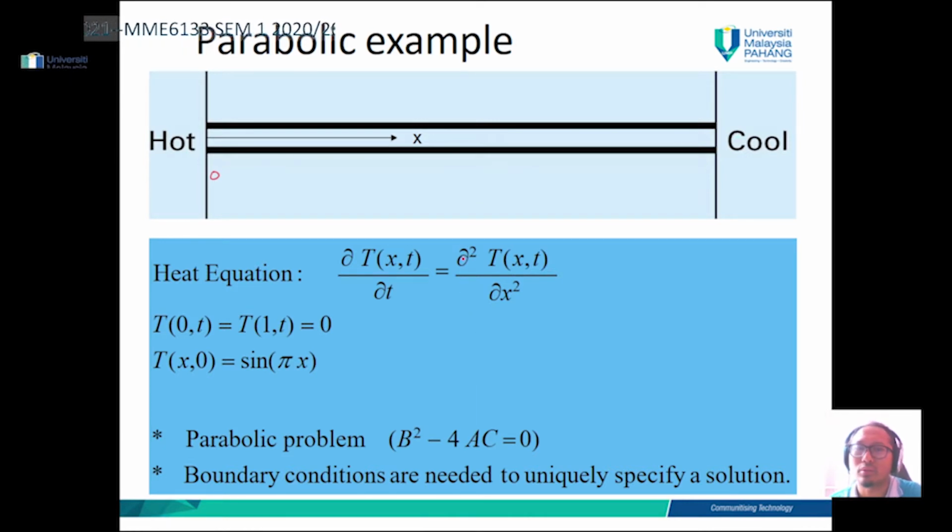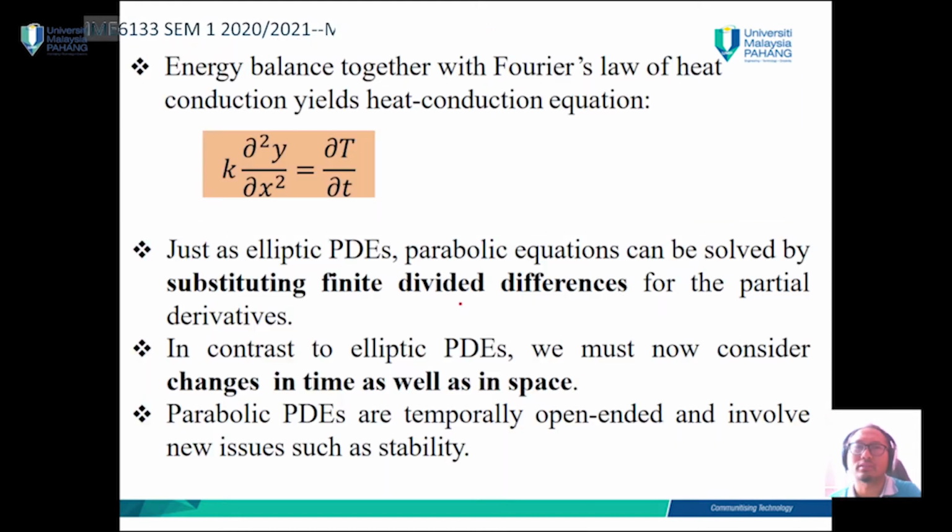So we are going to determine the boundary conditions. From the energy balance together with Fourier's law of heat conduction, we get the heat conduction equation, where k times the second derivative of T over x squared is equal to dT over dt.